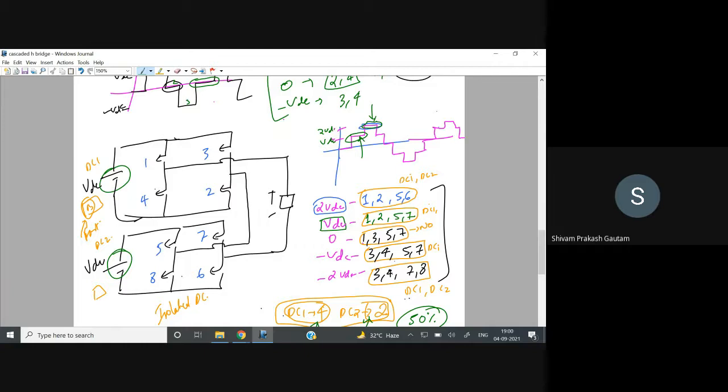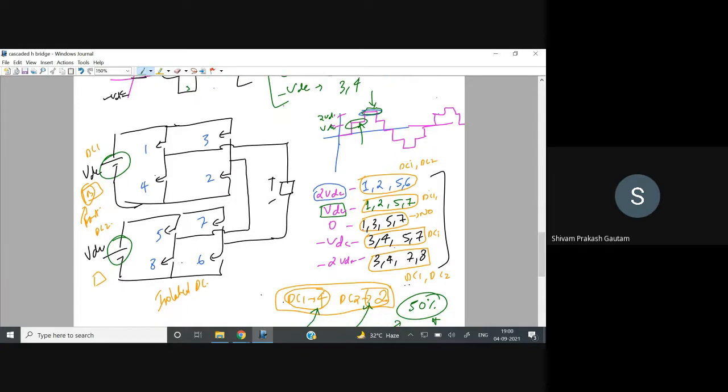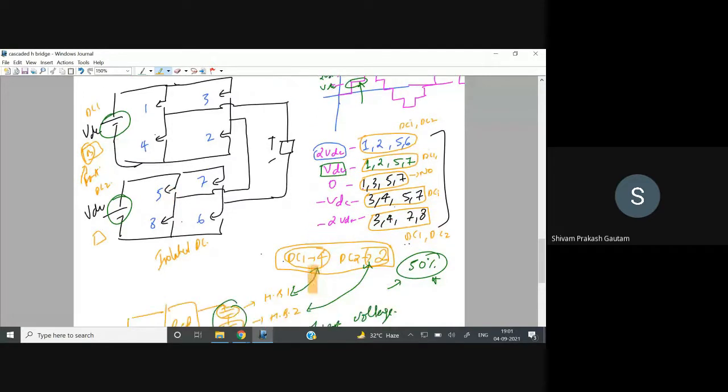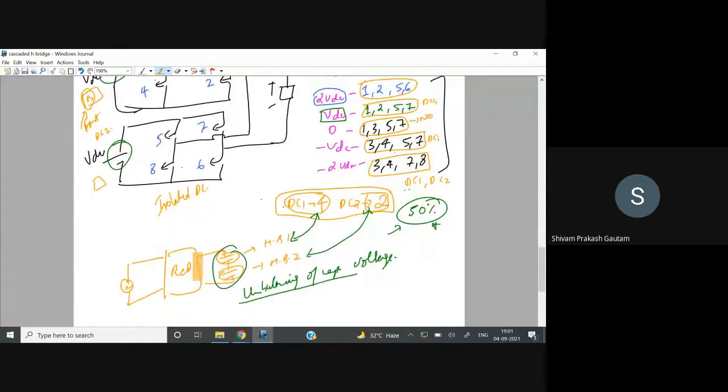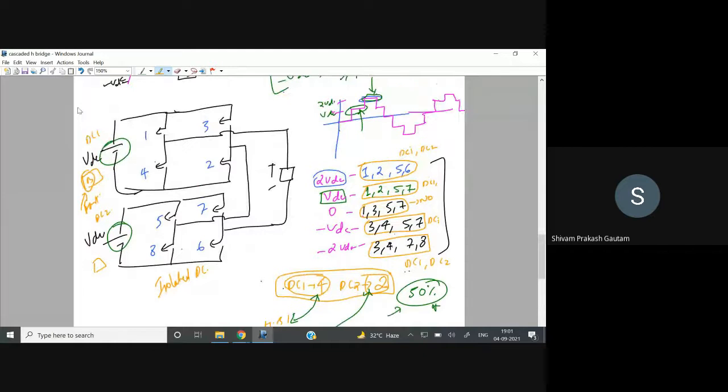Then there is another problem: you have to match the width, or find a control strategy which can produce the same width, or search for some alternative method to maintain the voltage balancing between the capacitors or the DC sources. If you are using DC sources, 50% utilization has to be there.